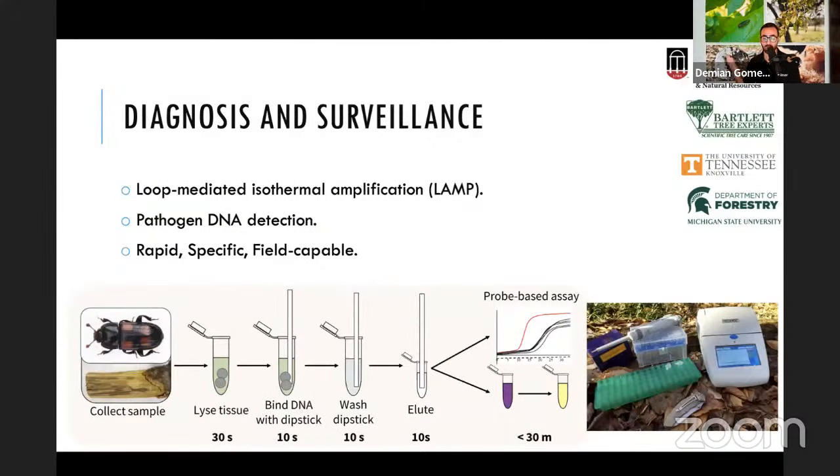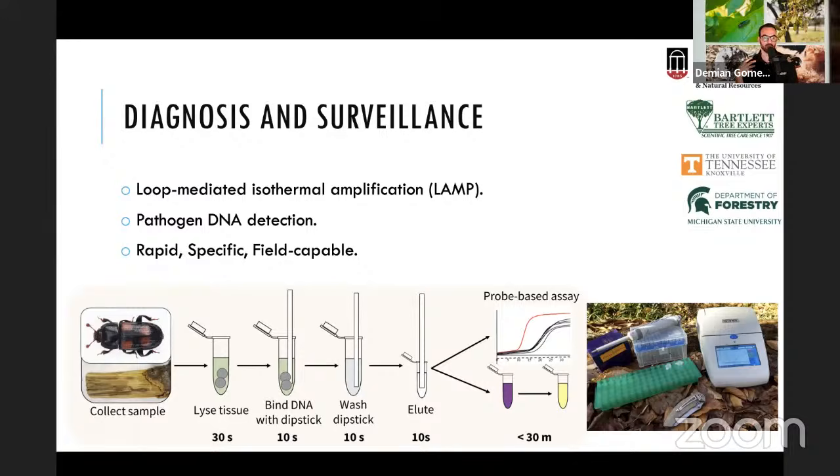For that reason, we've been working with multiple colleagues, both private and public institutions, on diagnosis and surveillance, to improve the different methods. We are collaborating with the University of Georgia. They're leading a project using a technique called LAMP.